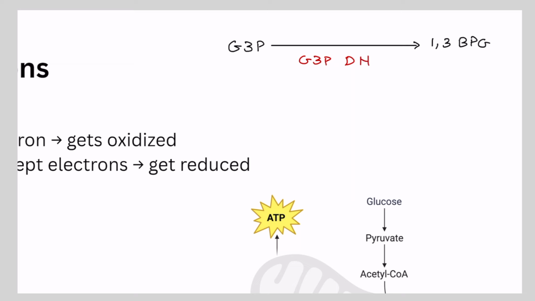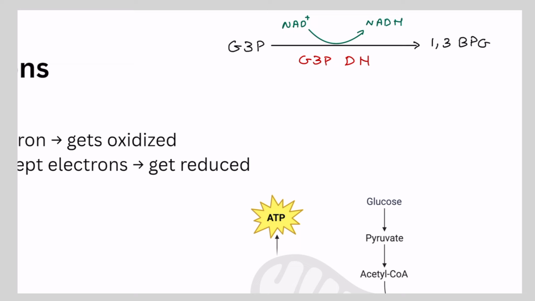Now, this reaction is happening through the action of glyceraldehyde 3 phosphate dehydrogenase. So in this reaction, our glyceraldehyde is getting oxidized into 1,3-BPG. And here we have an NAD plus that gets reduced to NADH.